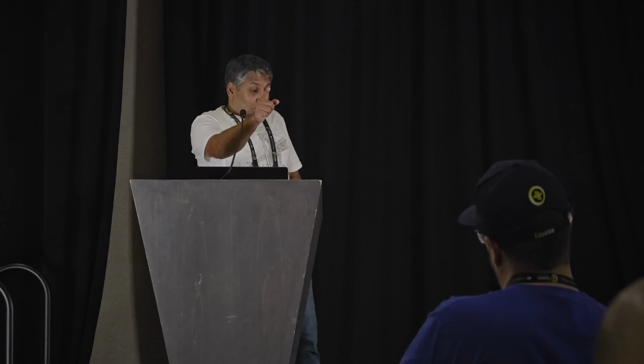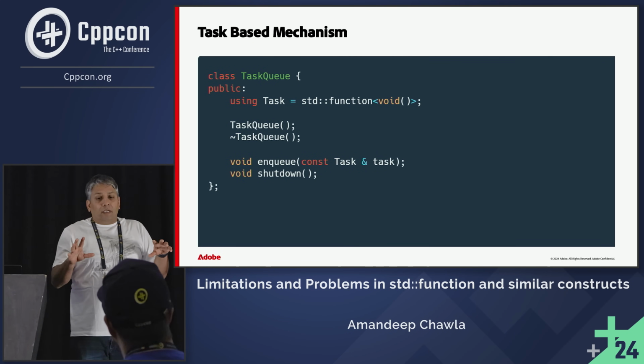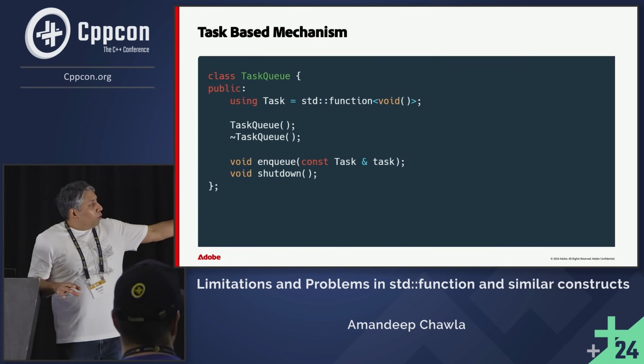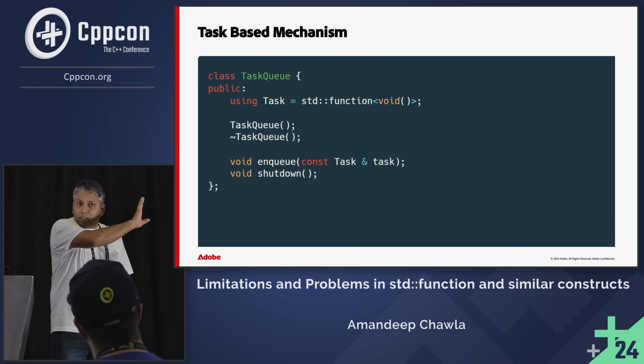Just curious, if your enqueue function was templated, would it be possible to have some optimizations there? Because now you could put in the lambda directly as opposed to the std function middleman. Yes. So one good point is, that's why I have started doing that. Here, the question is, if rather than having enqueue, it is a templated function, one function has to be there which takes a standard function.